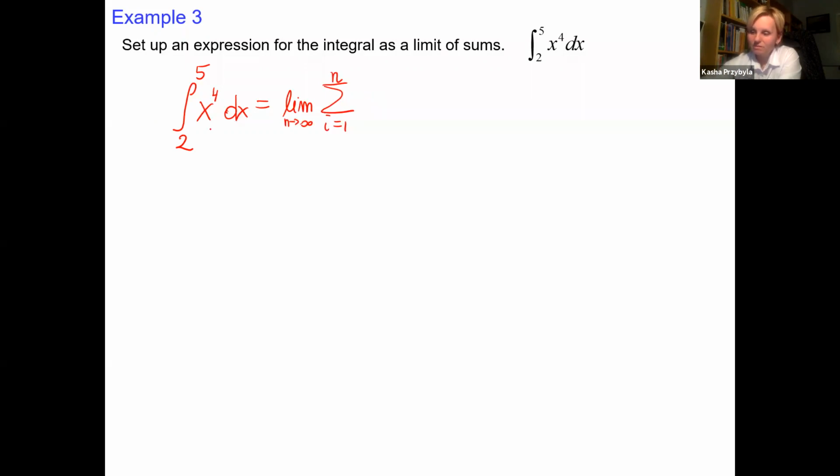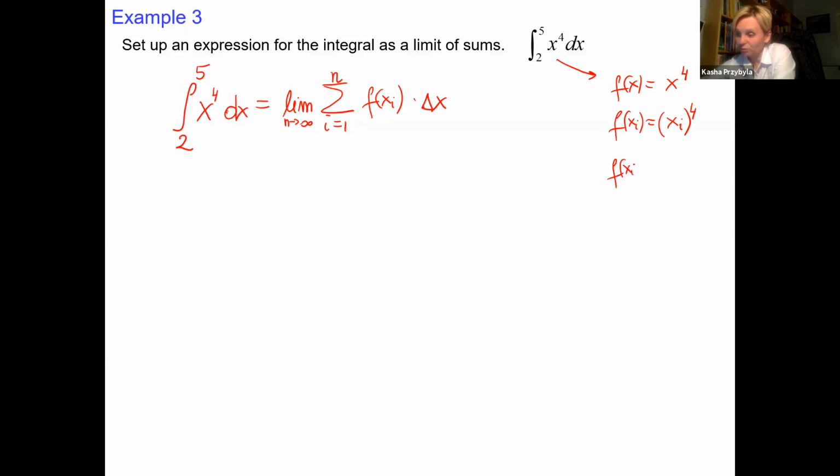And then the function and delta x. Of course, the function that we are integrating, f of x, is defined as x to the power of 4. And then f of x sub i is x sub i to the power of 4. But to provide more details, I have to provide a formula for my x sub i, and we remember it is a plus i times delta x.